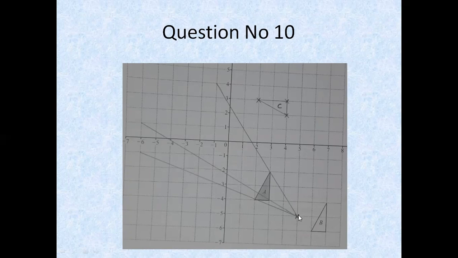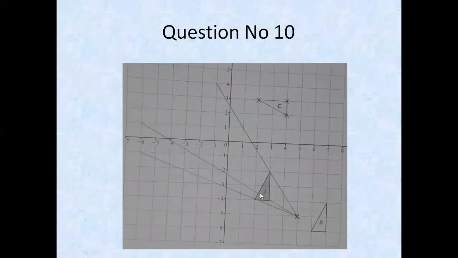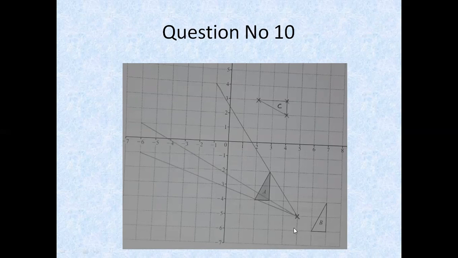Then I start counting from the center, and wherever that 3-times distance comes, I put a dot there.